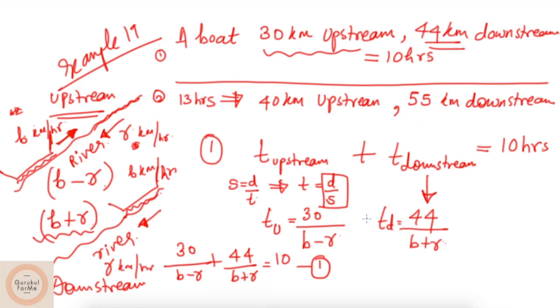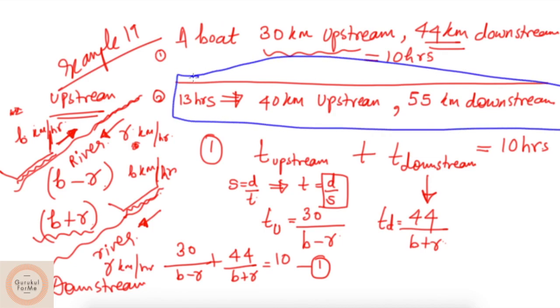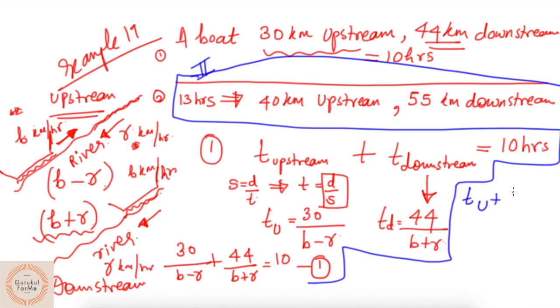Now let's work on this premise. What are they talking about? So we found equation number 1. Let's look at equation number 2. 40 kilometers upstream, right? So in the second case, case number 2, time upstream plus time downstream is equal to 13 hours.